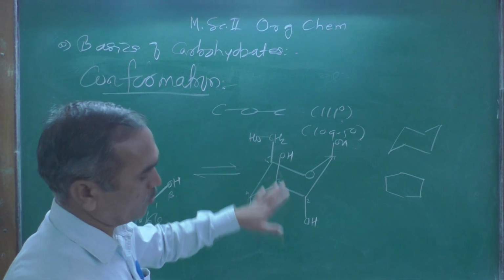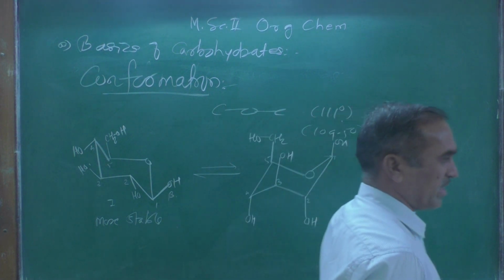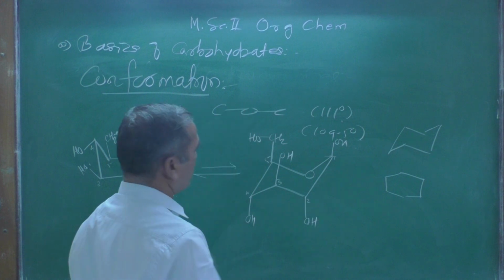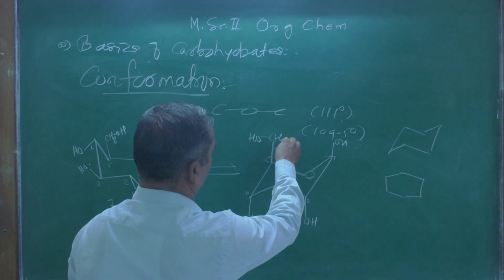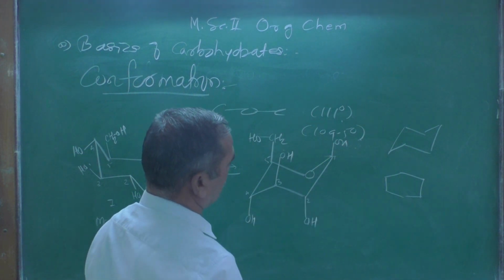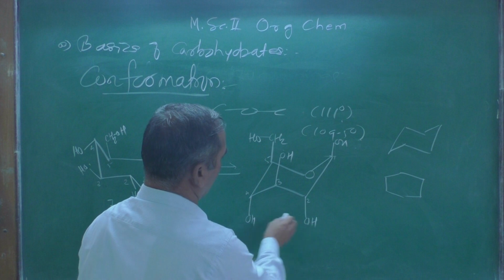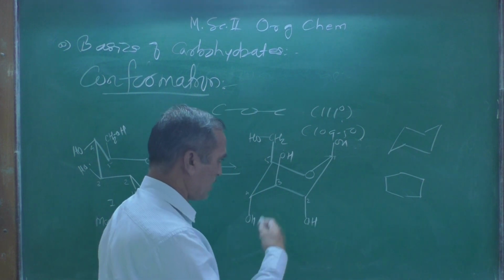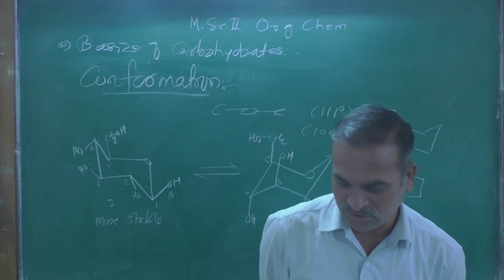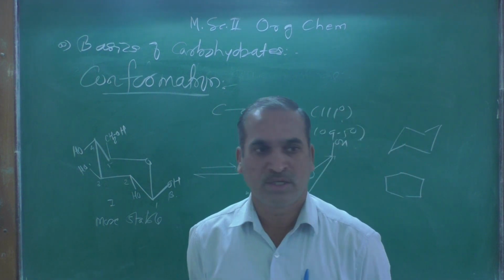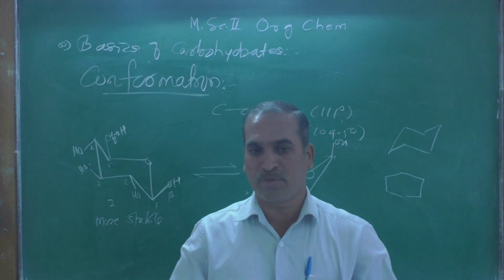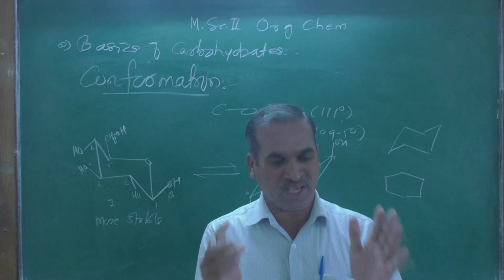All the bulkier groups are now present at axial positions. There are lots of 1,3 diaxial interactions here. Bulkier groups create a lot of steric interactions, because the groups present at 1,3 positions do not have sufficient space to stay there.